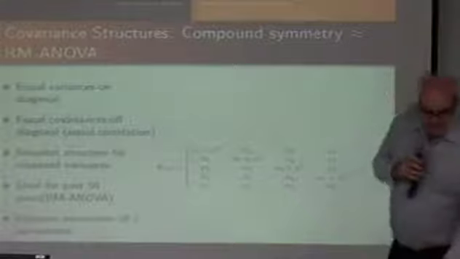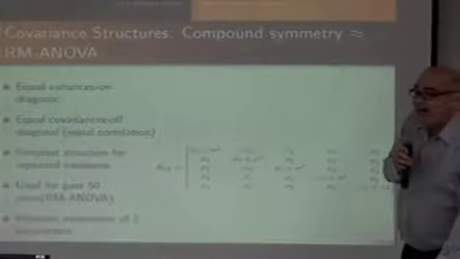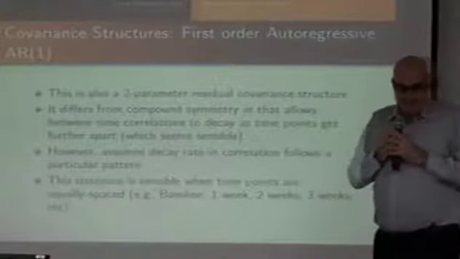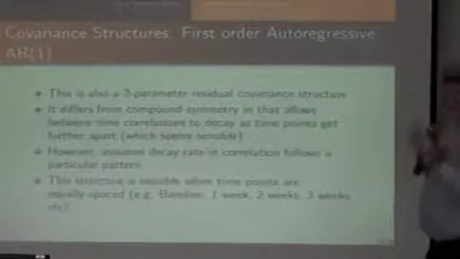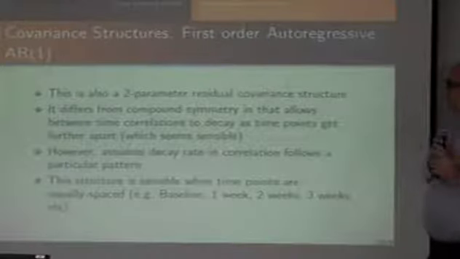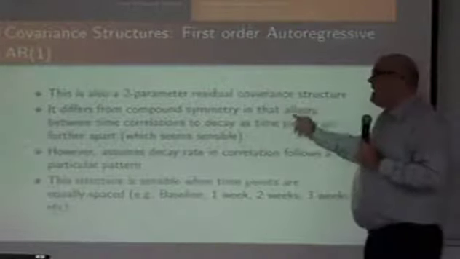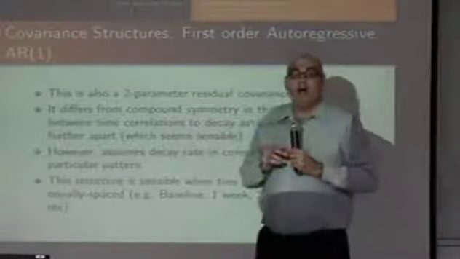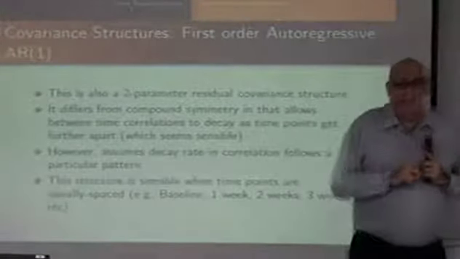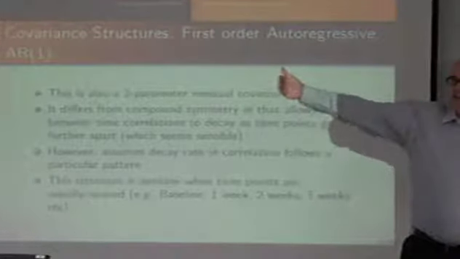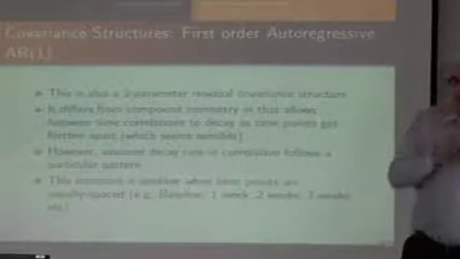One last one I want to talk about is the first order autoregressive one. Also a 2-parameter residual covariance structure. It differs from compound symmetry in that it allows between time correlations to decay. In other words, further apart points are allowed to have a smaller correlation than points that are close to each other.